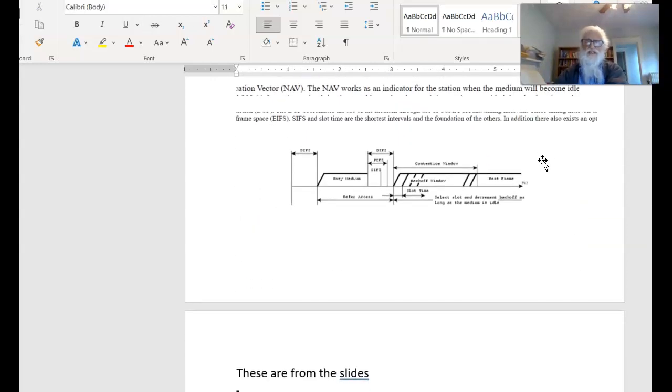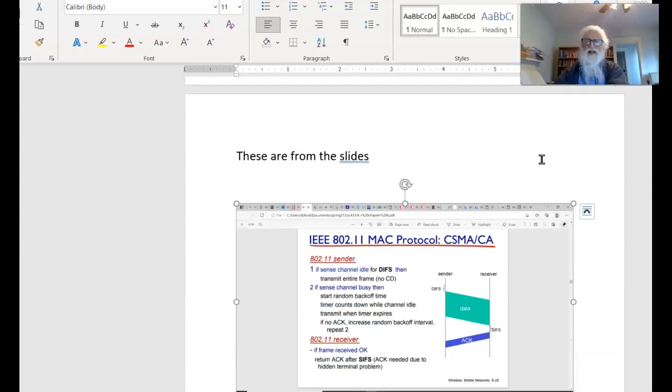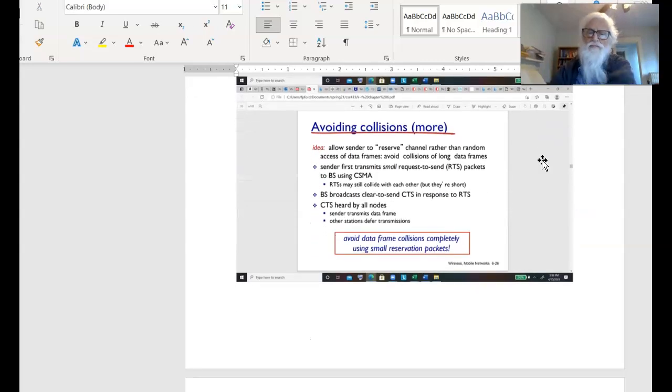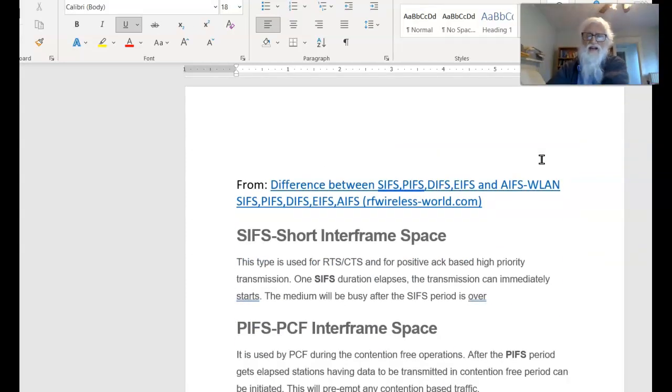Now there are pictures here of how it does this. This is a picture from your text, I believe. It shows the various signals that go back and forth. It's got RTS, request to send, and CTS, clear to send signals. And then there's this how-long-shall-we-wait routine.